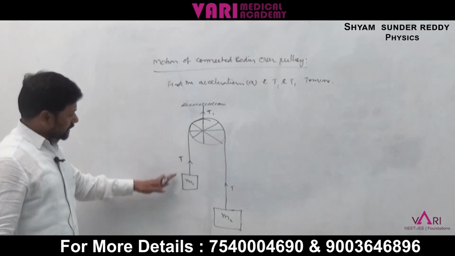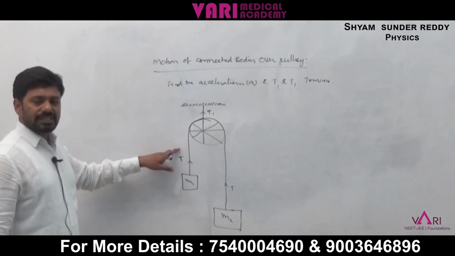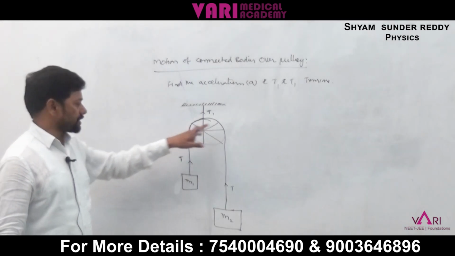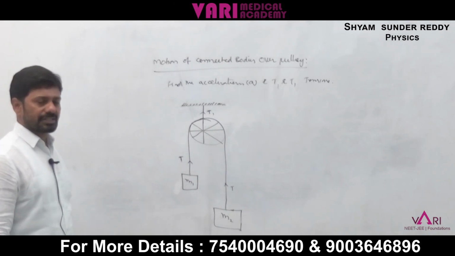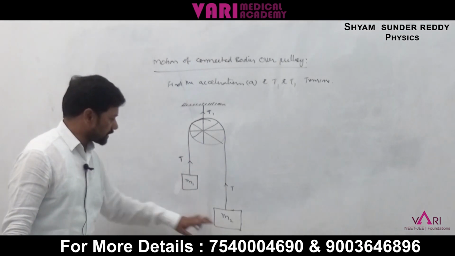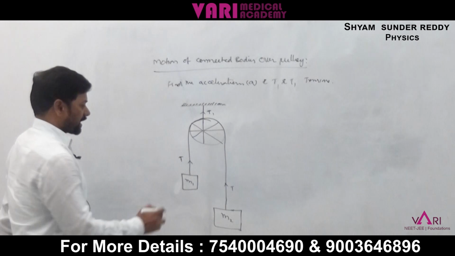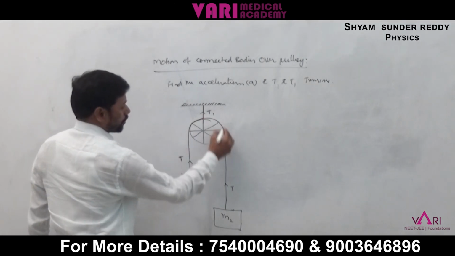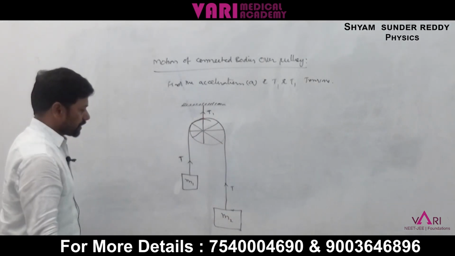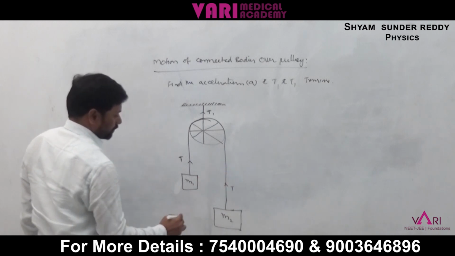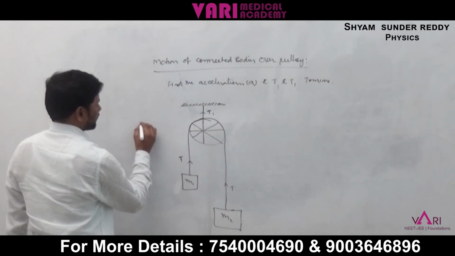Now look at this. This is a massless string, and two masses are connected by it over the pulley. Here M2 is greater than M1.